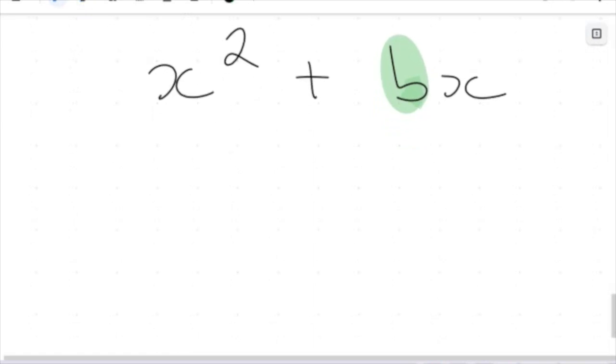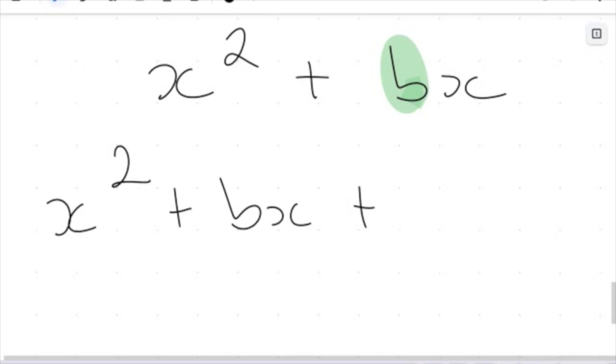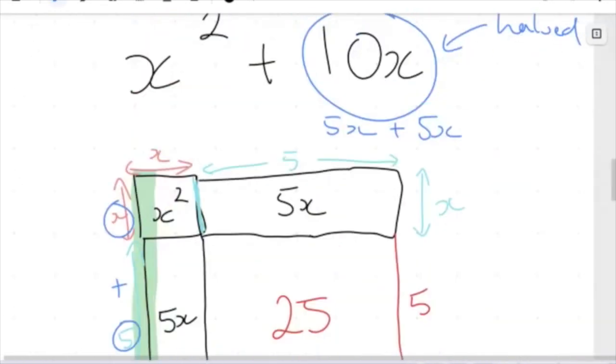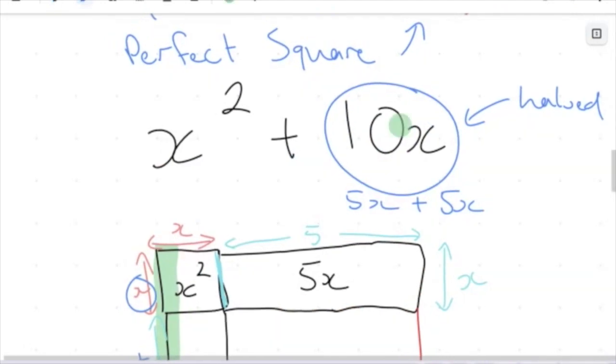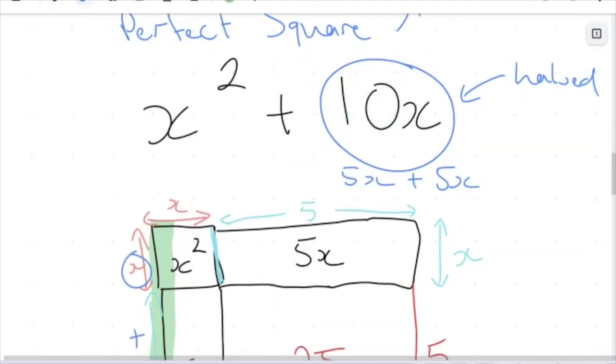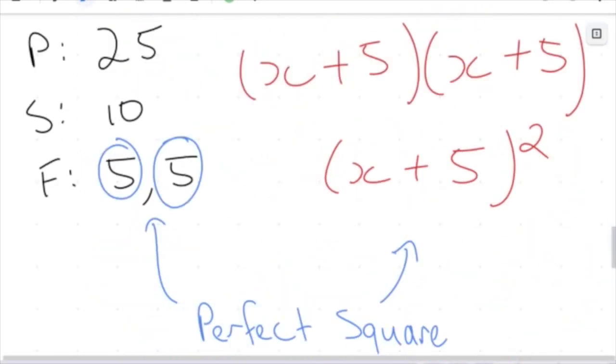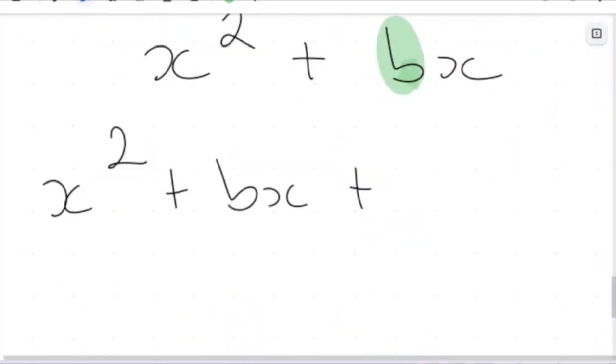So this ends up condensing down into x squared plus bx. And what we added on the end here was my half of this, my half of 10, which is 5, and we squared that to get the area of the square that completes this, that makes our big square. Remember, this is called completing the square. So we're using what we have to complete, to finalize a really big square here.